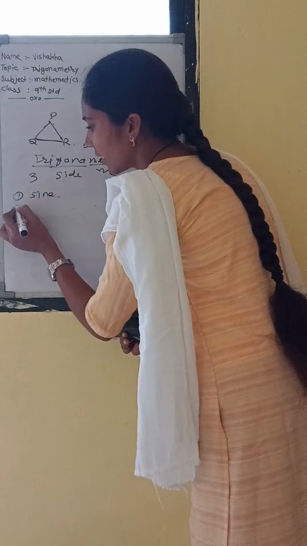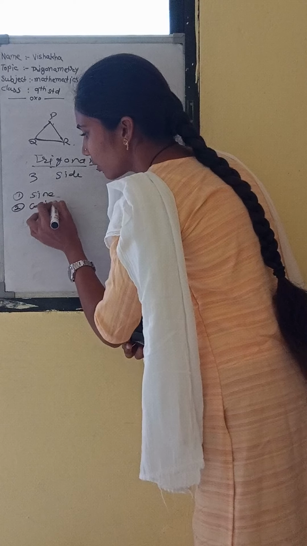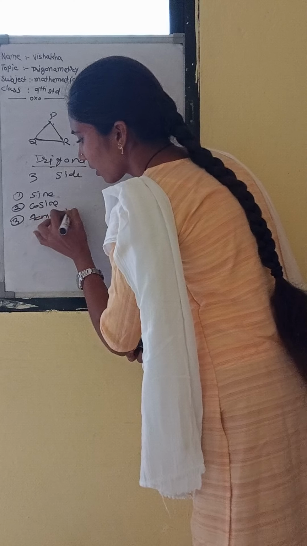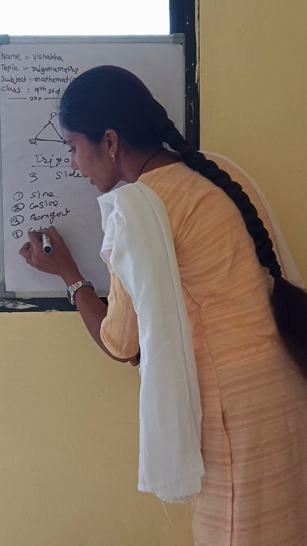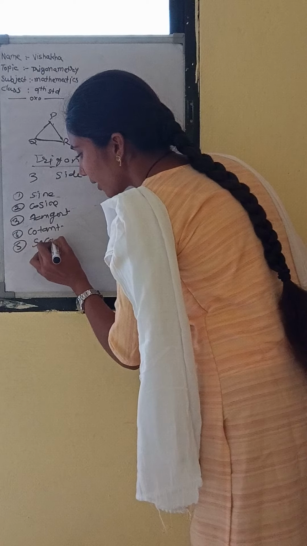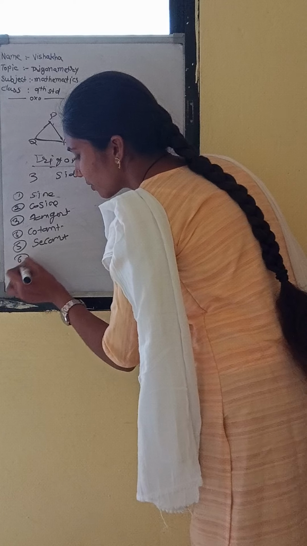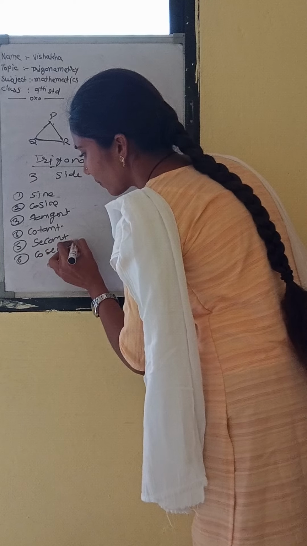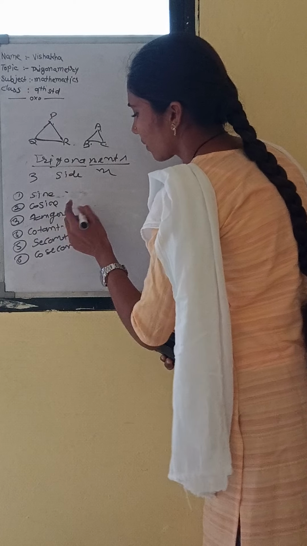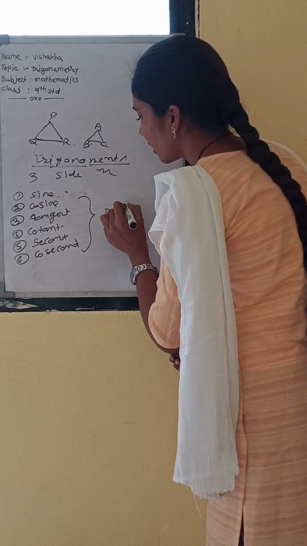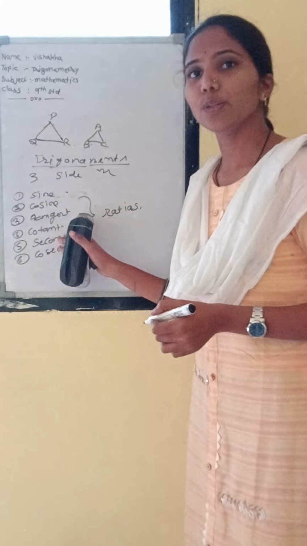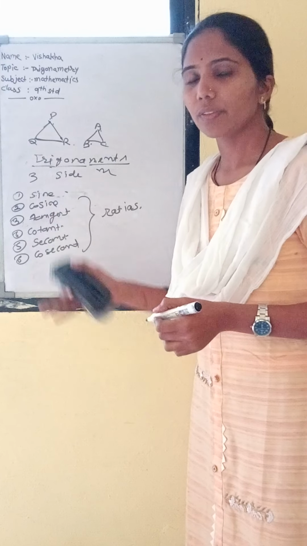One is the sine ratio, second is the cosine ratio, third is the tangent ratio, fourth is the cotangent ratio, fifth is the secant ratio, and sixth is the cosecant ratio. These ratios are known as trigonometric ratios. By using them we can find the value of the sides or angles of a triangle.